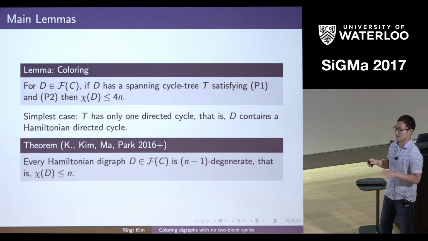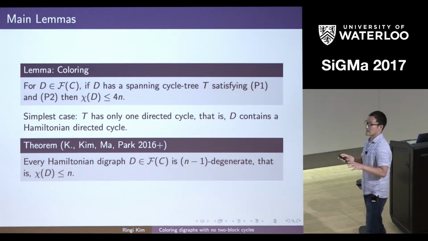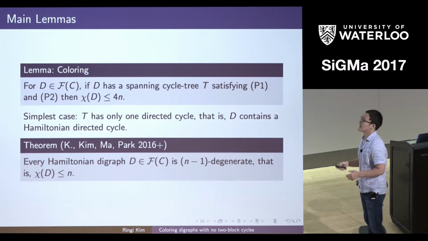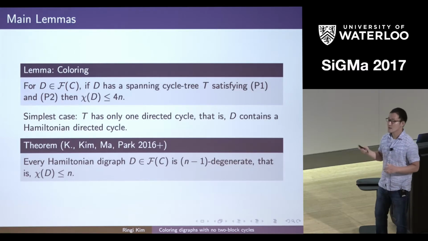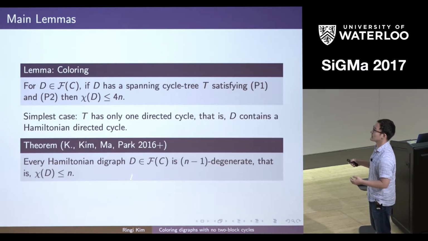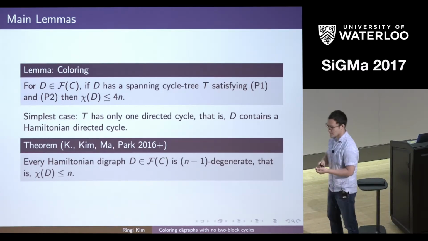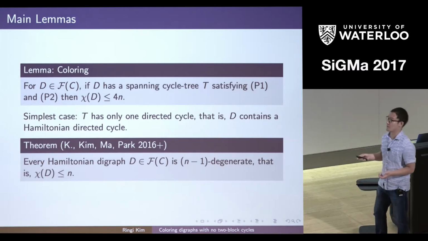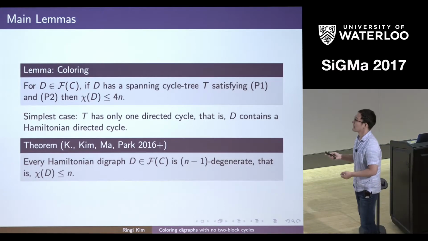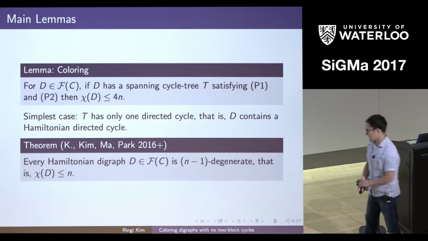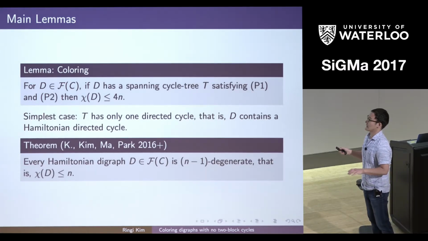What is the simplest case? The simplest case is that T has only one directed cycle, which means that D contains a Hamiltonian directed cycle. In this case, we can get a stronger result. Every Hamiltonian digraph D not containing any subdivision of C is n minus 1 degenerate. That is, its chromatic number is at most n. And this theorem will be used as a basic tool to prove this lemma.